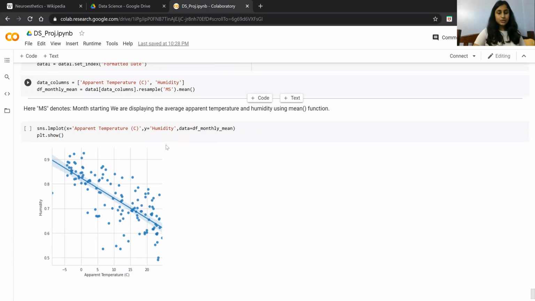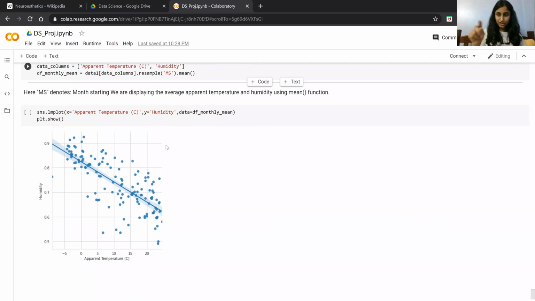Yeah, so next we're displaying the average apparent temperature and humidity using this mean function, and this is the final plot that has been obtained.